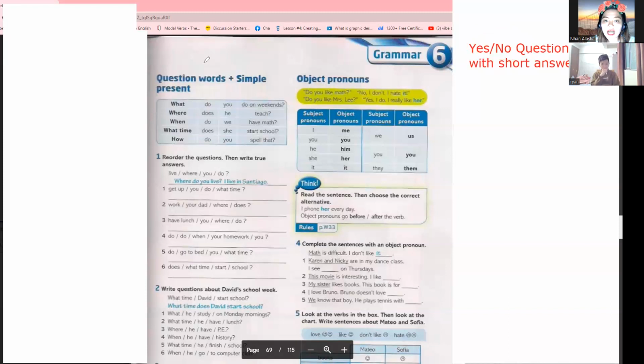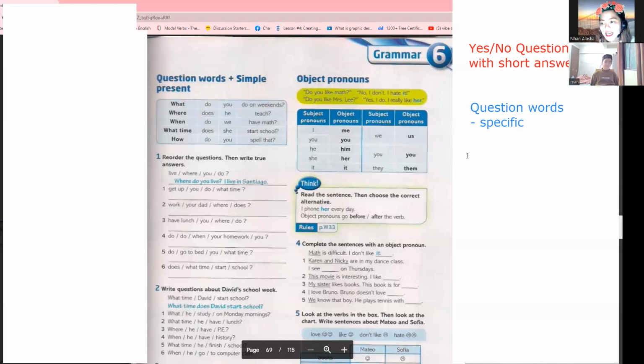How about question words? Question words, on the other hand, are more specific. We don't say, Ryan, where do you live? No, we don't say that, because question words are very specific.